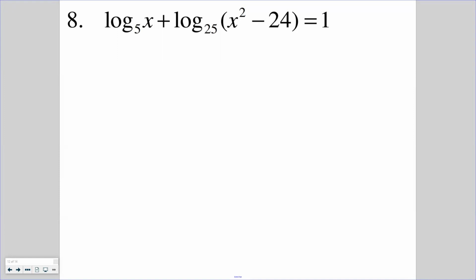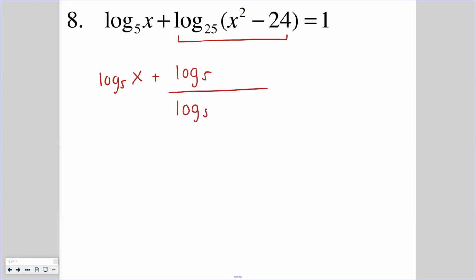So what I'm going to do is look at the second term on the left-hand side. I'm going to focus on changing that to a different base, and I'm going to pick base 5 because that's our first term. Our first term is written in base 5, so I'm not going to change it. I'm going to keep the first term as log base 5 of x, but I am going to change the second term to base 5. I'm going to do that using the change of base rule.